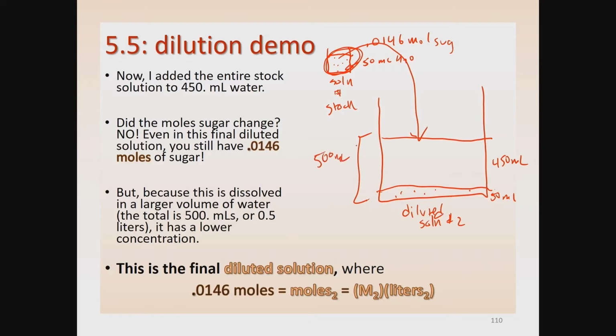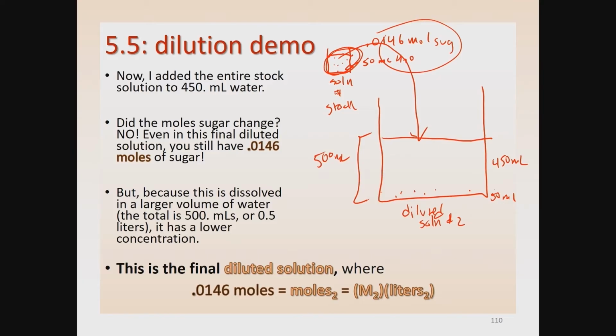So what has happened basically is the concentrated stock solution, 50 mils of it, has been further diluted and dissolved into the 450 mils of water. So the question I have for you is this. What happened to the original 0.0146 moles of sugar? Well, it's found more volume to dissolve itself in. So in this second diluted solution, solution number 2, we still have the same number of moles of the sugar.